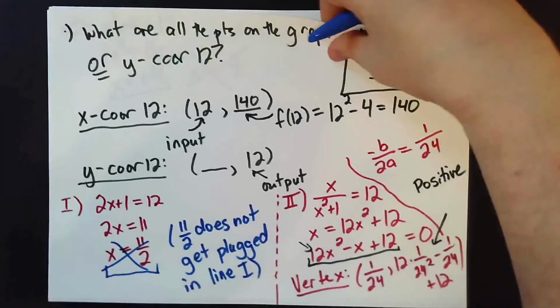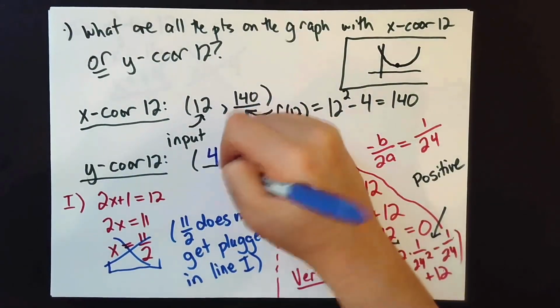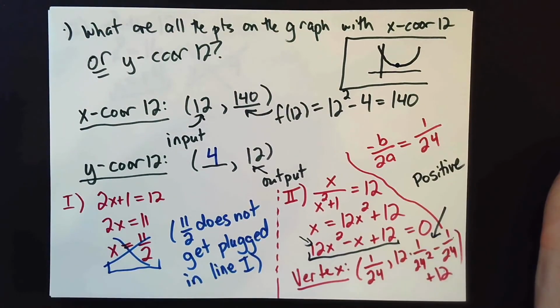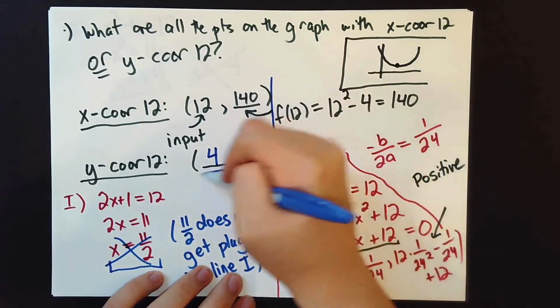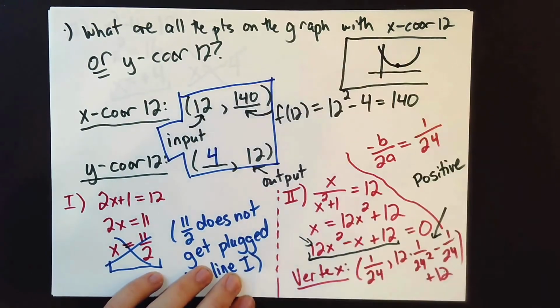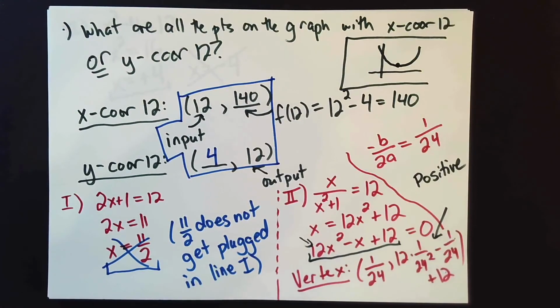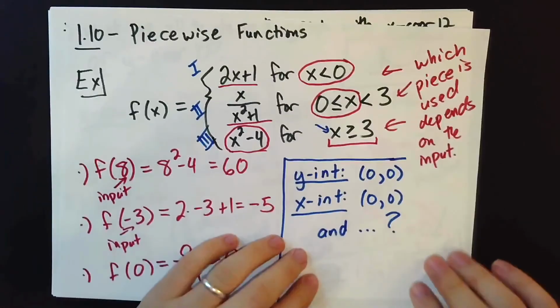So there is exactly one point on this graph with y-coordinate 12, and it is (4, 12). And so that gives me my answer to my question of which points have x-coordinate 12 or y-coordinate 12. Okay, so that's one very thorough example of all the joyous things that we can do with piecewise functions.